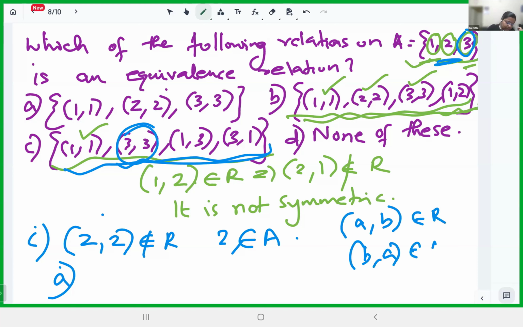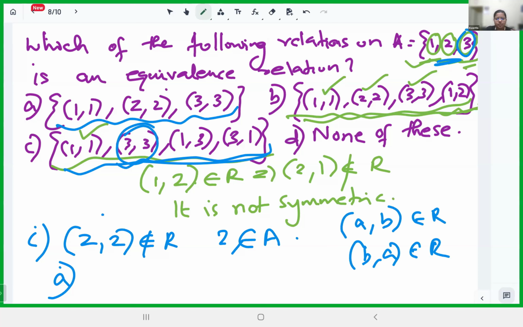Here we are not able to pick such an ordered pair. So we can say that these types of relations are symmetric as well as transitive.